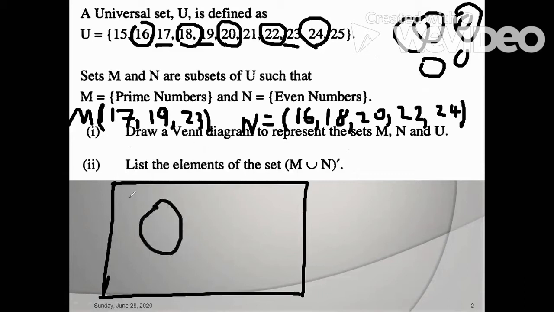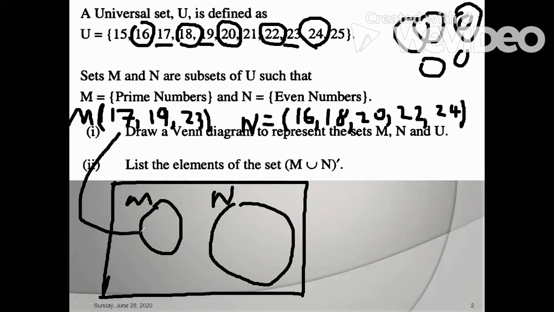So this is set M, and this is set N. This is 17, I don't have enough space, so we'll put an arrow there. You write all those numbers in the M circle, and all of these numbers in the N circle.